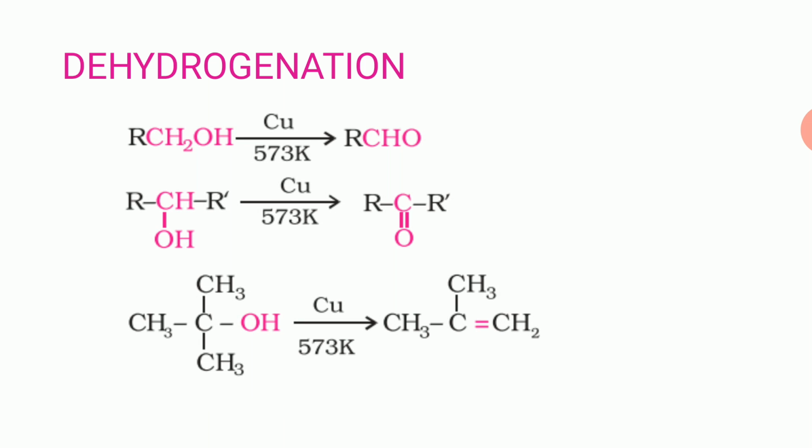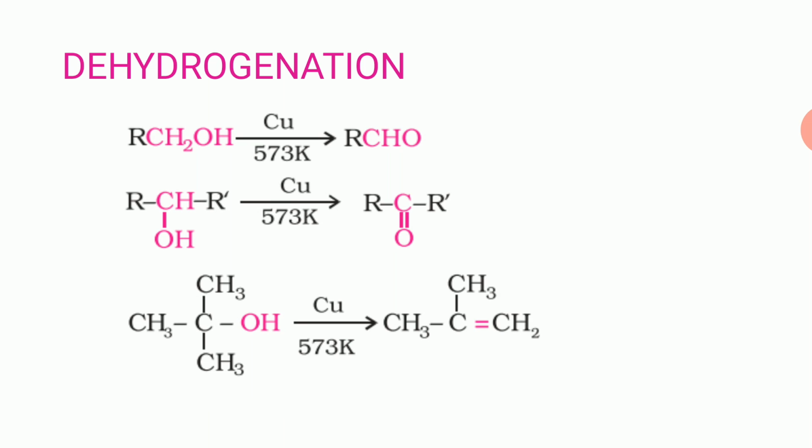We studied at the start of this topic that this reaction is also called a dehydrogenation reaction. Dehydrogenation can be carried out in the presence of copper when the alcohol is heated at 573 Kelvin.